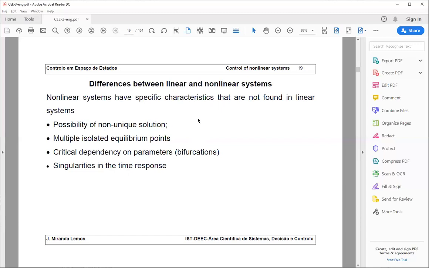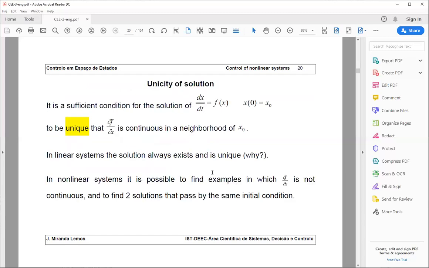When we move from linear systems to nonlinear systems, different phenomena and features can appear: the possibility of non-unique solutions, multiple isolated equilibrium points (we have seen one example already with the chemical reactor), critical dependency on parameters, and singularities in the time response. Let's briefly discuss these points by providing some examples.